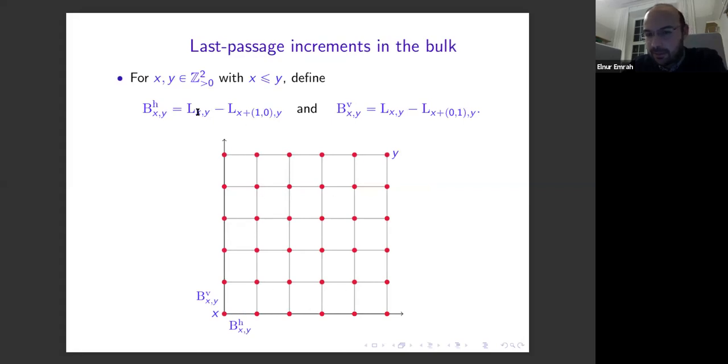I will look at the increments, keeping the terminal point y fixed, and looking at the increments with respect to the initial point x. So this B denotes the horizontal increment, and I'll write BV for the vertical increments. It's natural to think of these as edge variables and place them on the outgoing edges from the vertex x.